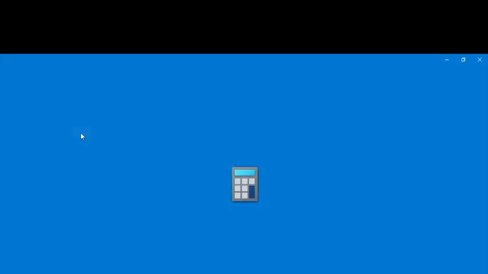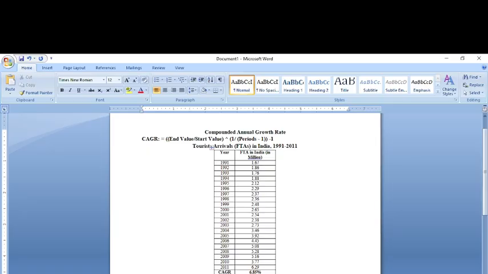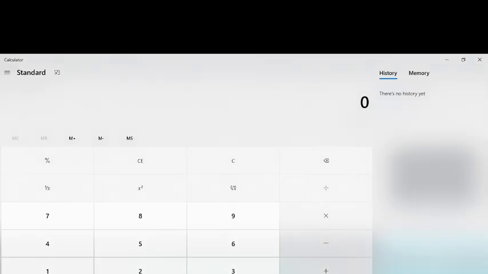The last value is 6.29 and the first value is 1.67. So 6.29 minus 1.67 would give me a value of 4.62.